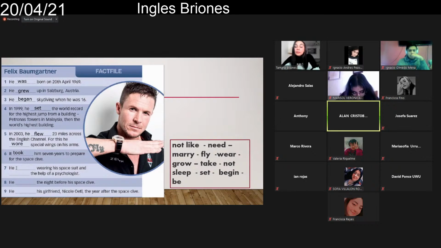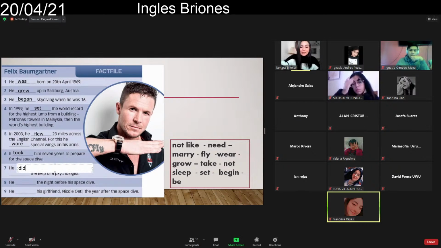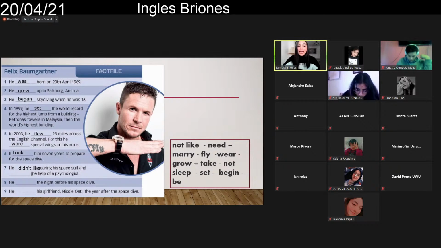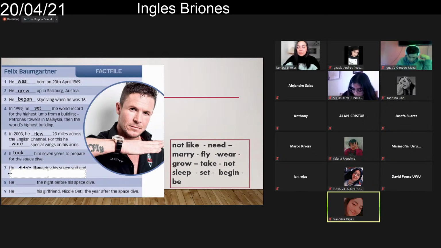Needed. He needed wearing his spacesuit. You use needed in number 7, but not in that space. Okay. He didn't like wearing his spacesuit. And now, Alan? I'm sorry. He didn't wear the spacesuit.